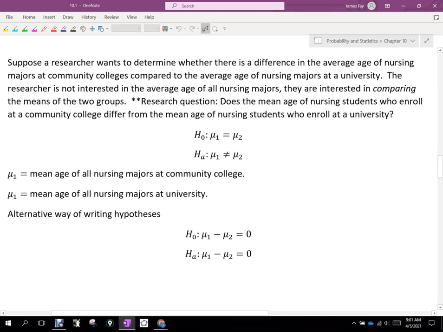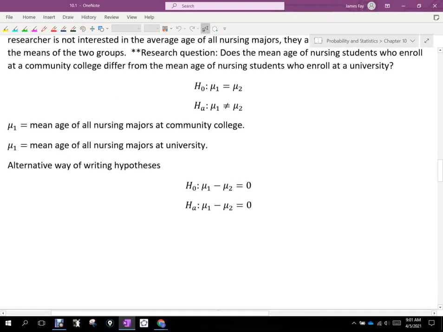Now, you may see alternative ways of writing that, because we could do some subtraction on both sides, subtracting mu sub 2 over, since we're doing hypothesis tests on the difference of means. Some people like to see the difference written in the null hypothesis. If the difference is 0, then they were the same number, right?